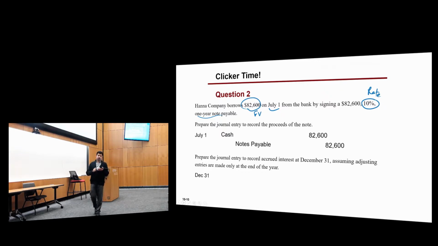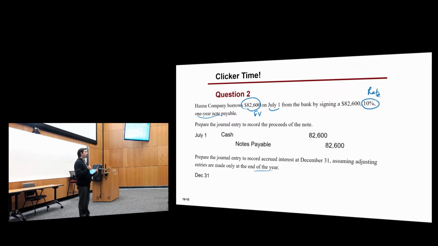Now, assuming that the company prepares adjusting entries at the end of the year, we need to record interest that has accumulated until that time. When will the company have to make the payments? Next year, at the end of June.